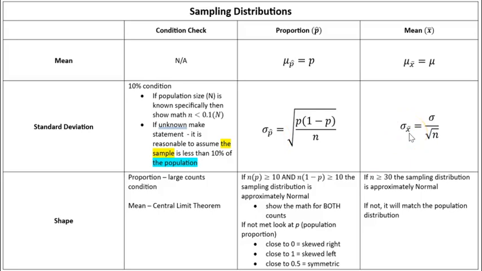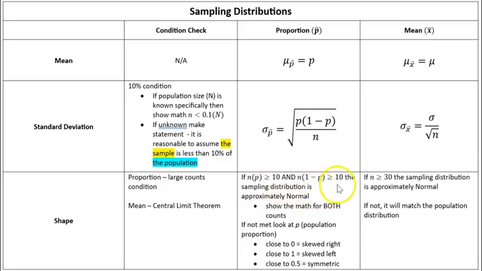Okay, then the last thing is the shape, because if it's normal, that tells us whether or not we can use normal CDF. So for proportion, we're checking the large counts condition, and for mean, we're using the central limit theorem. Okay, so for proportion, all right, if n times p and n times 1 minus p are both at least 10, all right, then the sampling distribution is approximately normal.